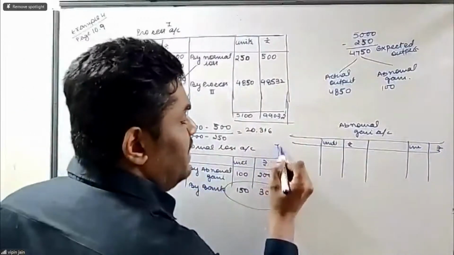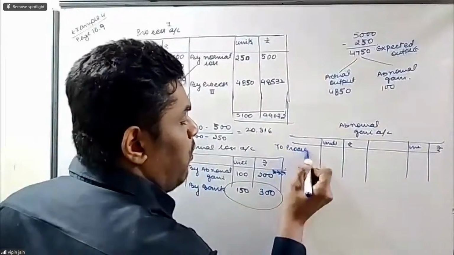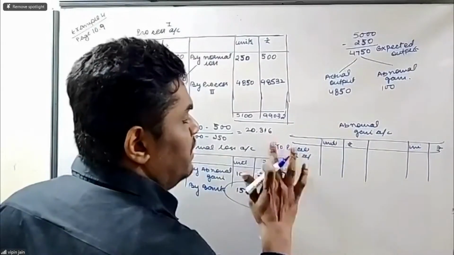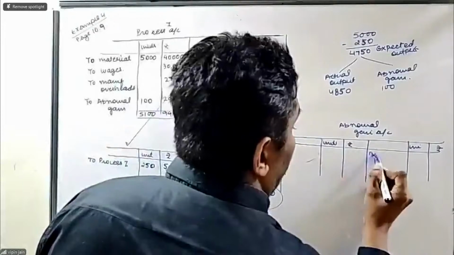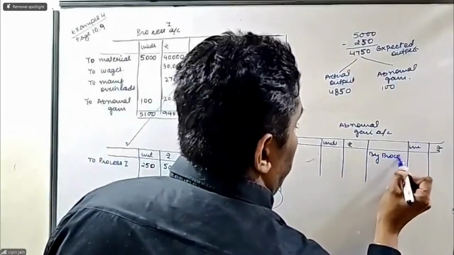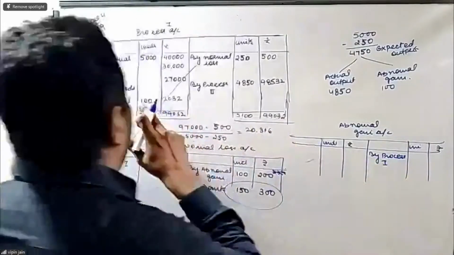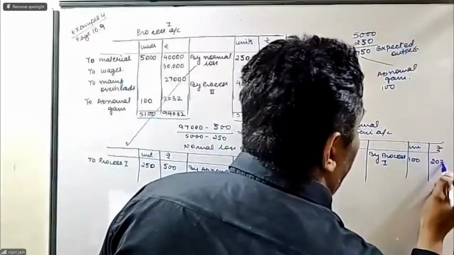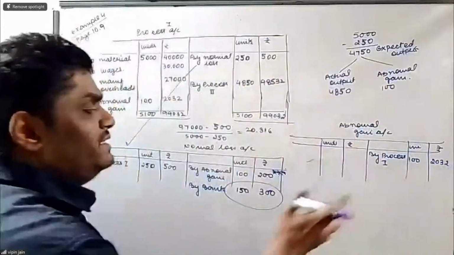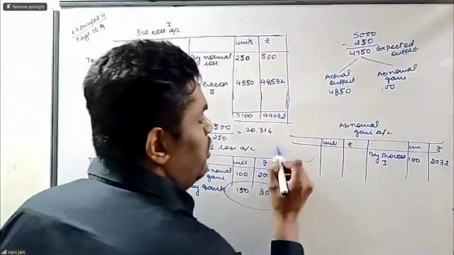So to process account, by process, 100 and 2032. When talking about these 100, some amount is adjusted in normal loss.